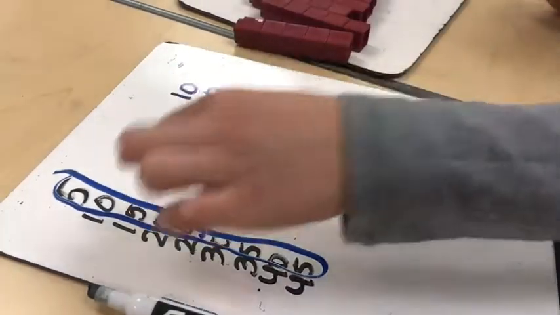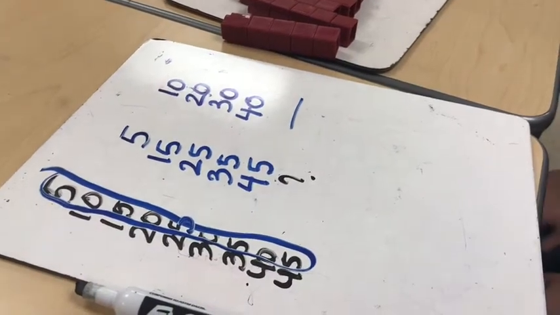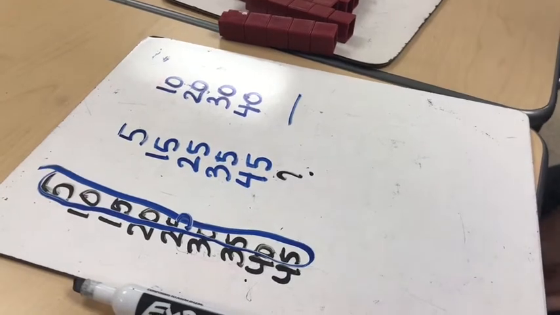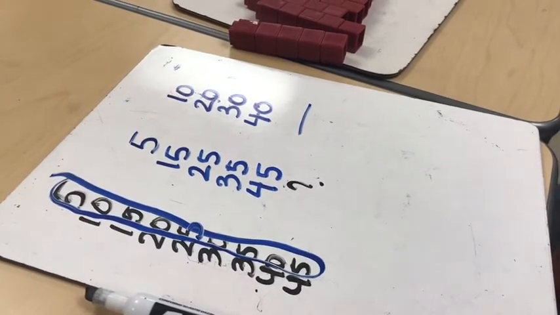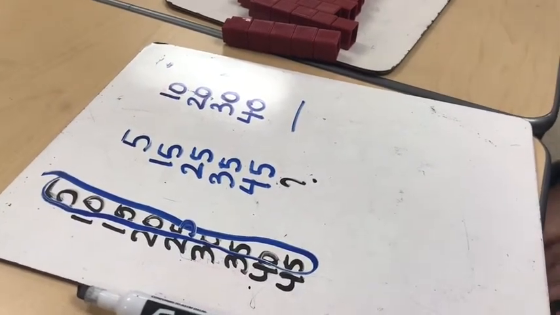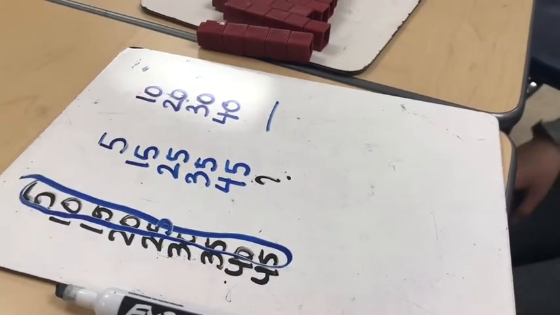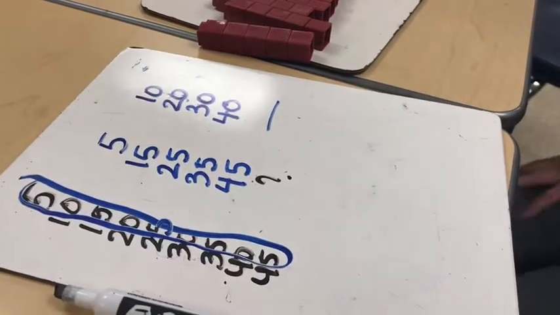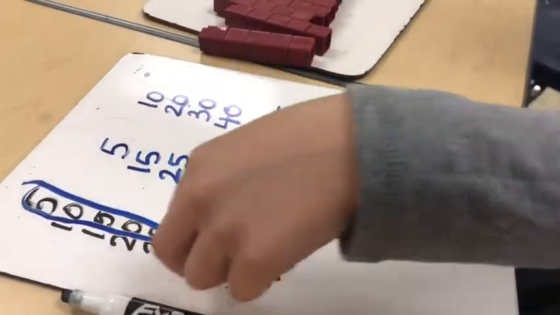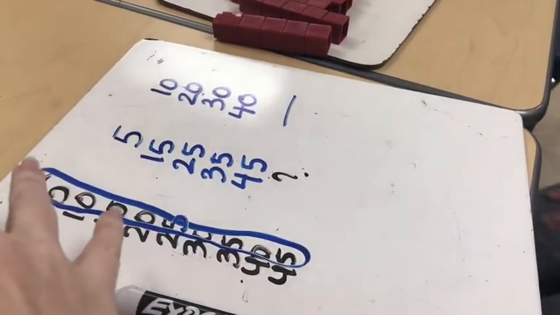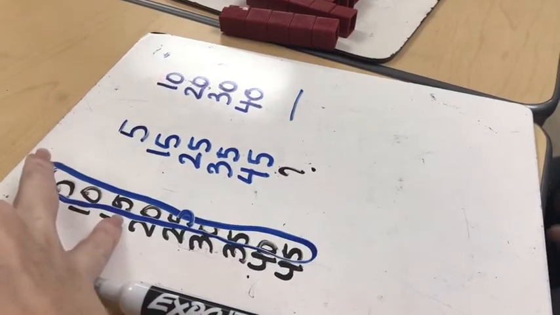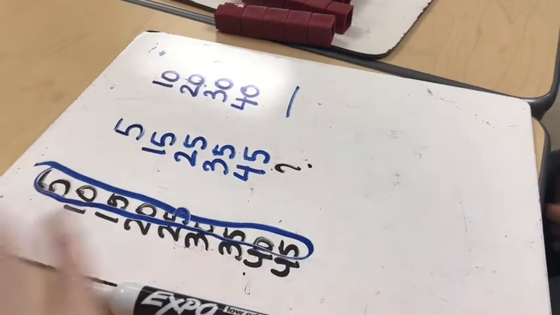Over here, like 0, 1, 1, 2, 2, 3, 3, 4, 4. What do you notice about that? That they're a pattern because we have 1, 2 1s and then 2 2s and then 3 3s and 4 4s. So each of these has 1 10. Each of these has 2 10s, right?